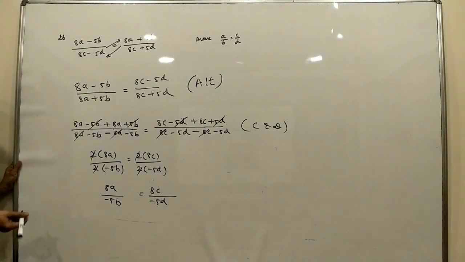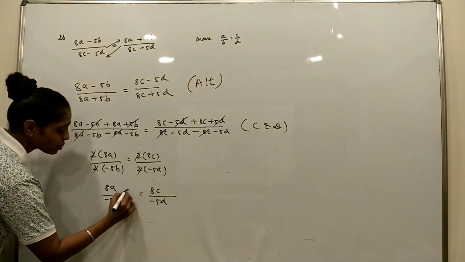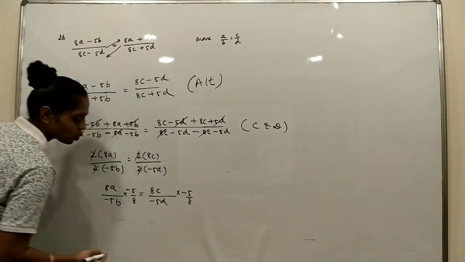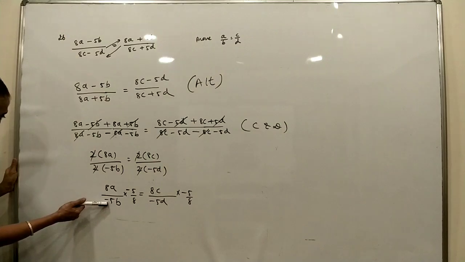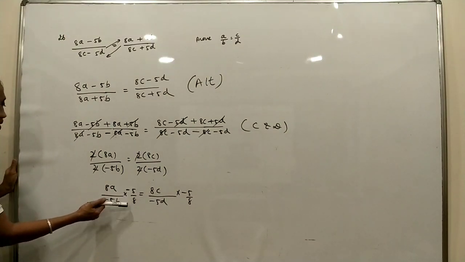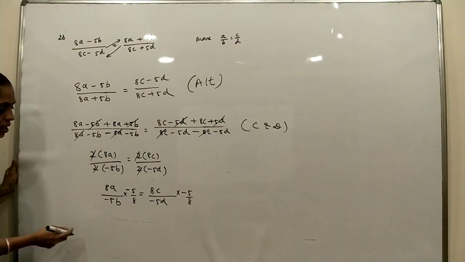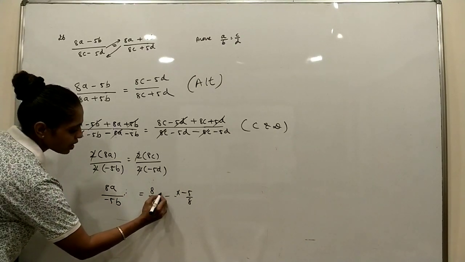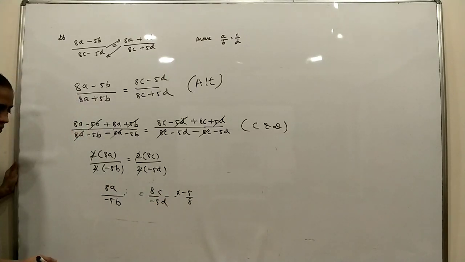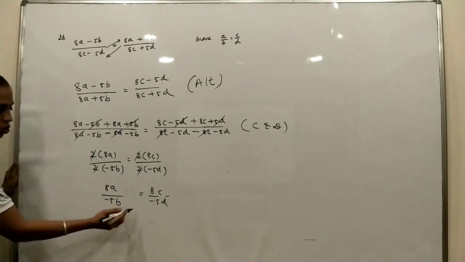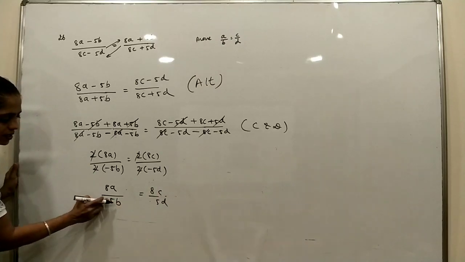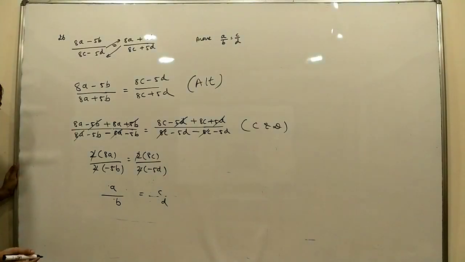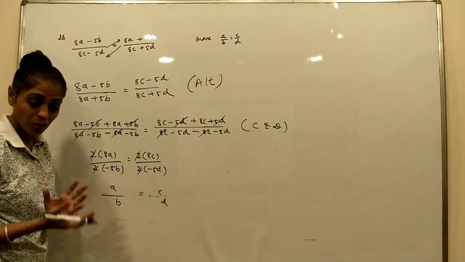Now if I multiply both sides by minus 5 by 8, exactly the reciprocal, minus minus cancel, 5 cancel, 8 cancel. So a upon b is equal to c upon d. But you have to show the process.